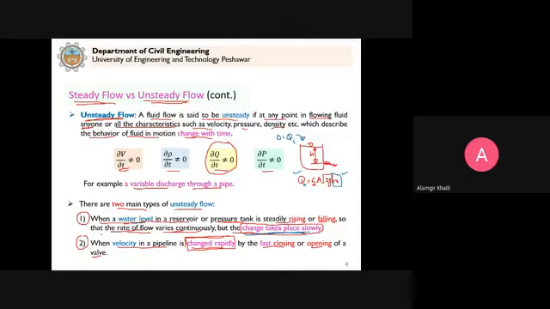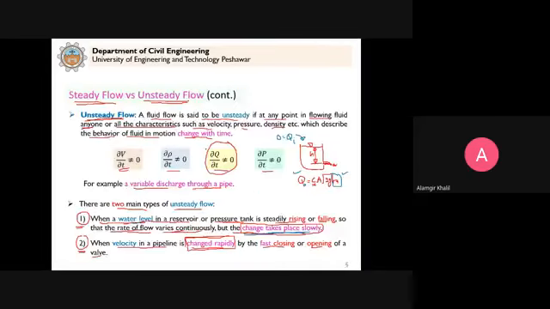For example, the floods which come, you can see the changes that take place with respect to time. So that is essentially an unsteady flow problem. But floods we are not going to cover in this course. Only these two main types of unsteady flow problems we are going to study in detail.